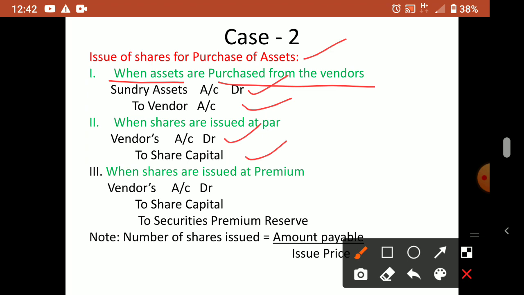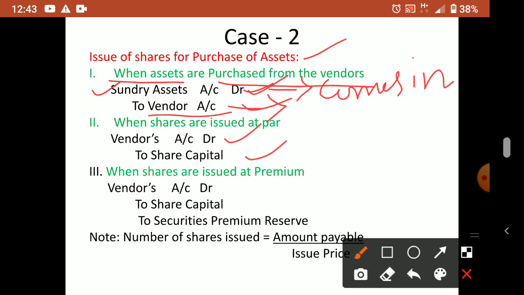See here, why is the asset debited? Because debit is what comes in. Asset is coming in. So that is why whenever we purchase an asset it will be debited, you know that. We didn't pay money, so instead of cash we are writing the name of that person.